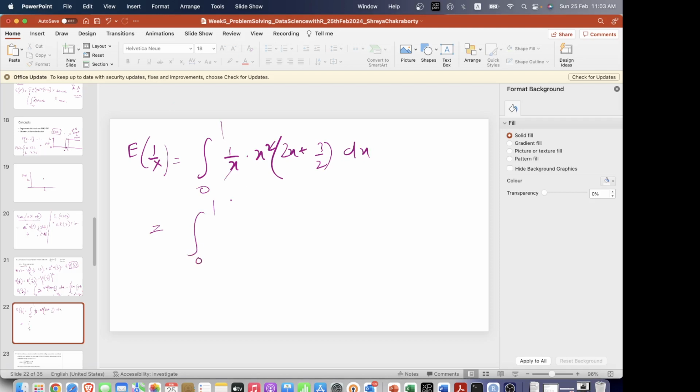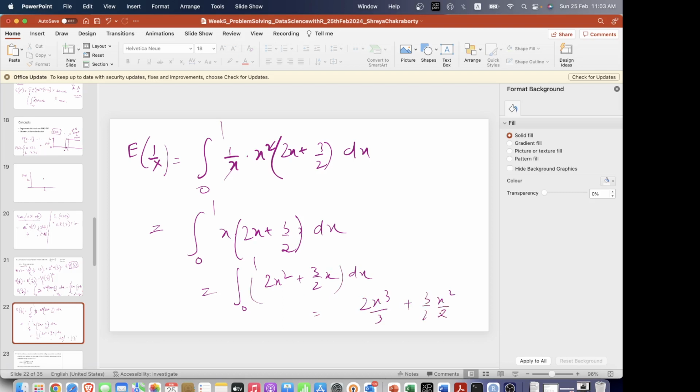We would have integral from 0 to 1 of x into 2x plus 3 by 2 dx. This we can write as integral from 0 to 1 of 2x square plus 3 by 2 x dx. This would be 2x cubed by 3 plus 3 by 2 x square by 2, from 0 to 1.